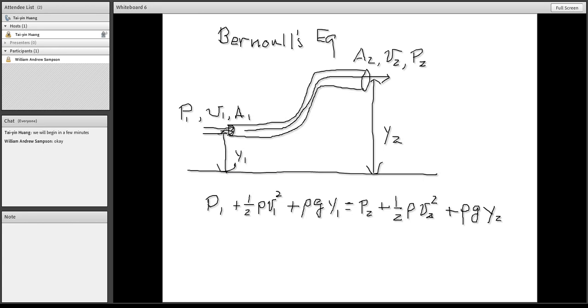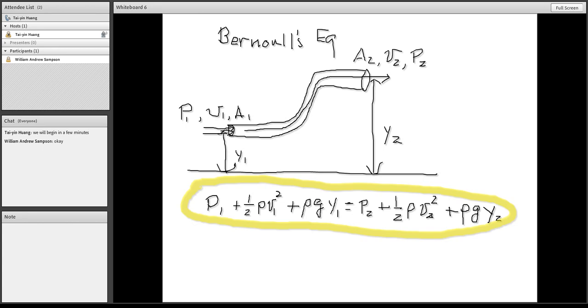If we look at this equation closely, we can identify that if we multiply everything by volume, the first term is P times V. If you recall, pressure times volume is work. So this is like the pressure force doing work. What about the second term?